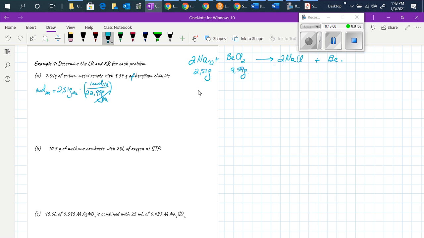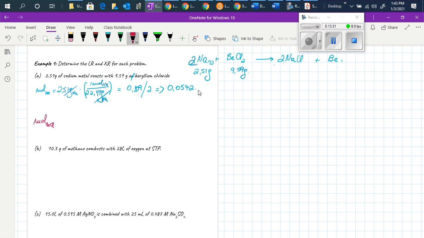So grams of sodium and grams of sodium cancel out. And we have 0.109 moles. And the coefficient is 2, so let's divide this by 2, and we will have the moles of sodium participating in the reaction as 0.0542.